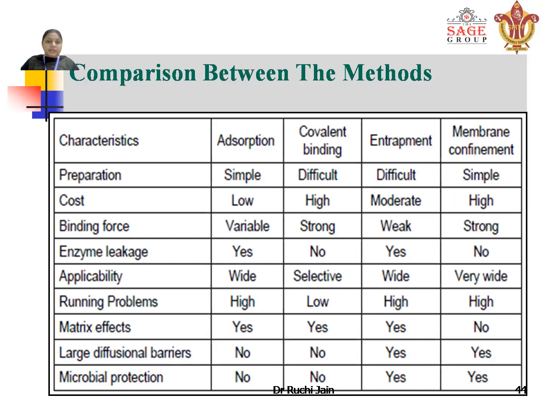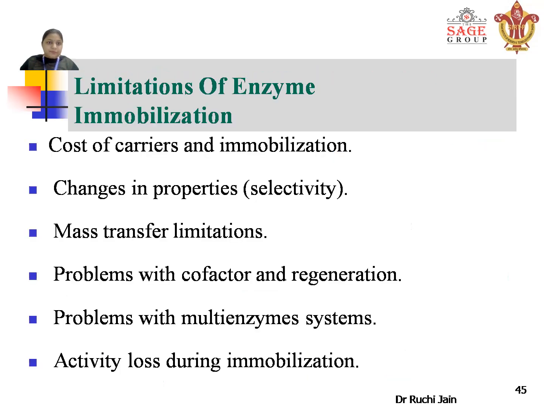If we compare all these types of methods, then there are some advantages and disadvantages of these methods, such as cost: adsorption has low cost, covalent bonding requires high cost, entrapment moderate, and membrane like that; binding force, enzyme leakage, applicability, running problem, matrix effect, large diffusion barriers, microbial protection. So all these methods have some advantages as well as some disadvantages.